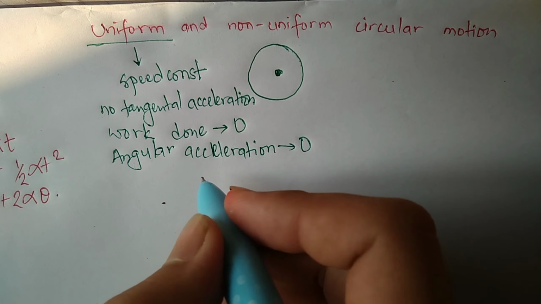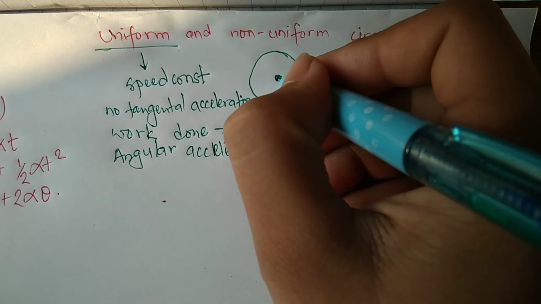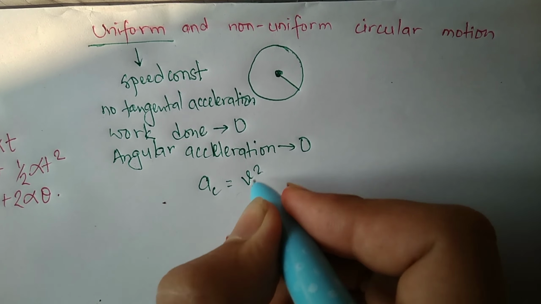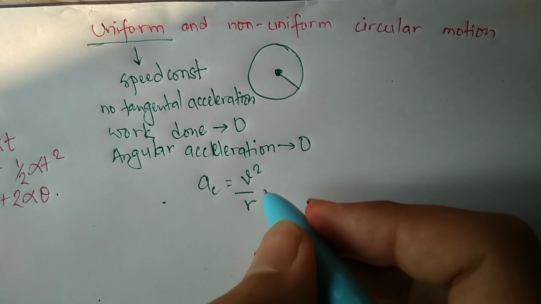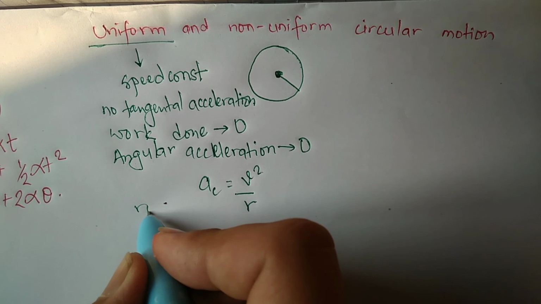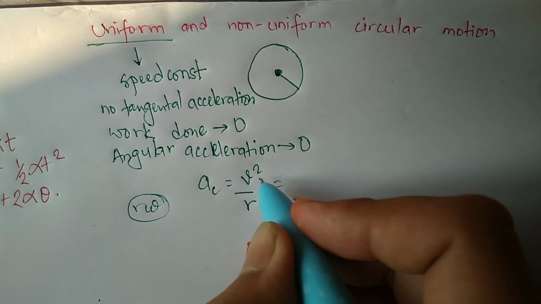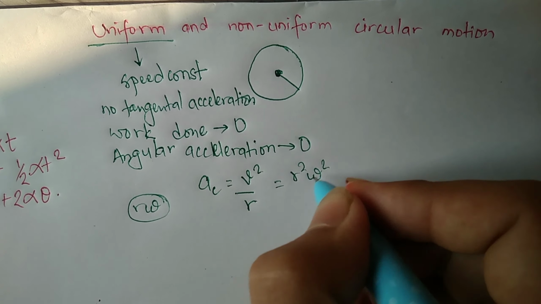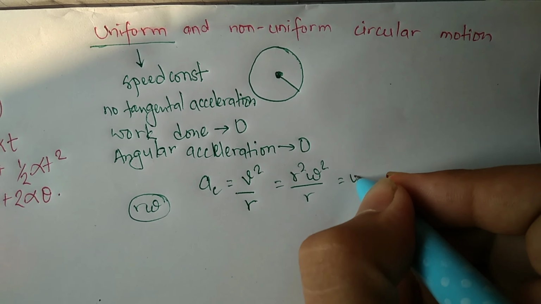Now talking about centripetal acceleration, it will be a_c is equal to v square by r, or putting the value of v as r omega, it will be r square omega square by r, which is equal to omega square r.